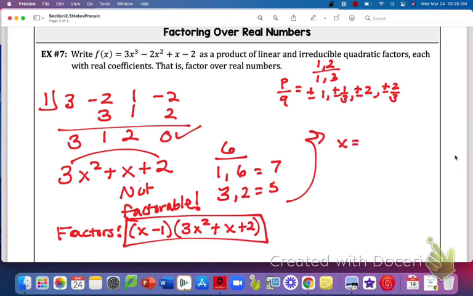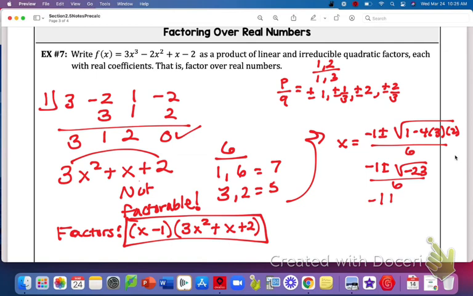So x equals negative b plus or minus the square root of b squared minus 4ac, all over 2a. So that would be what? 1 minus 24, so it'd be root negative 23, negative 1, plus or minus, over 6. So I would go to negative 1 plus or minus i root 23 all over 6.